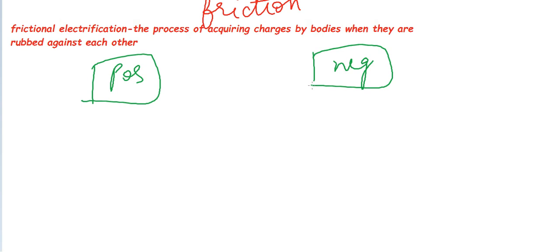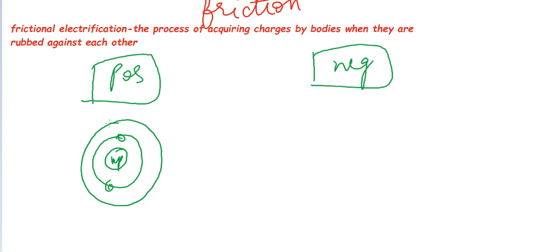As we know, a body is said to be charged only when electrons come into action. For example, this is your nucleus, and you have neutrons and protons inside, and these are two electrons, and this is one valence electron. So this valence electron will be removed.